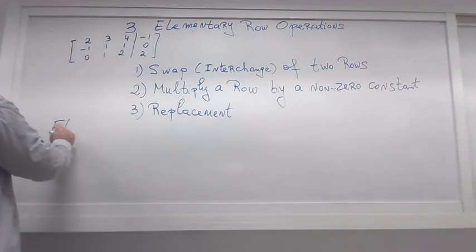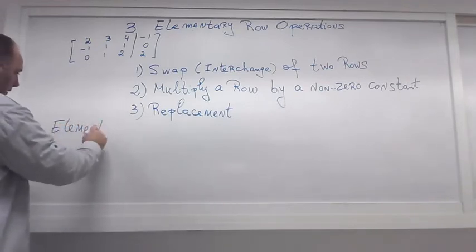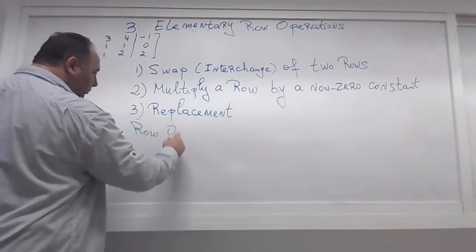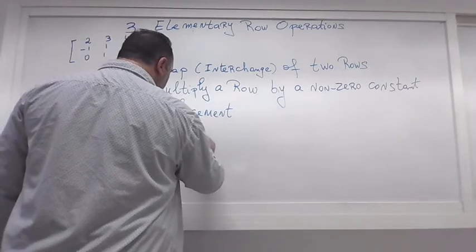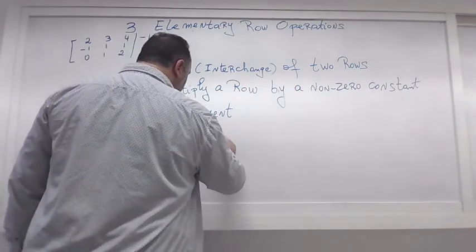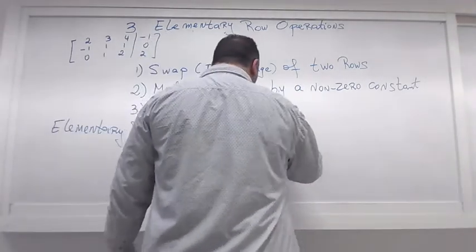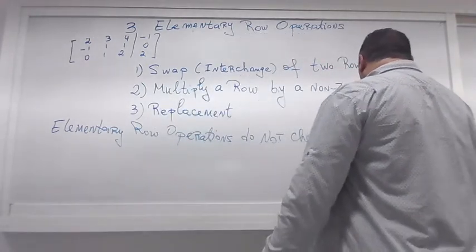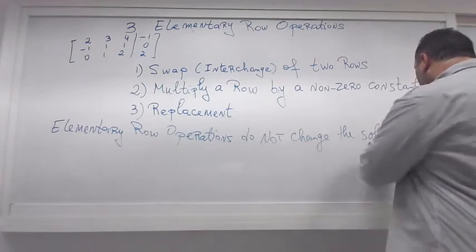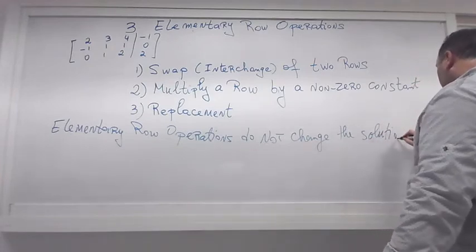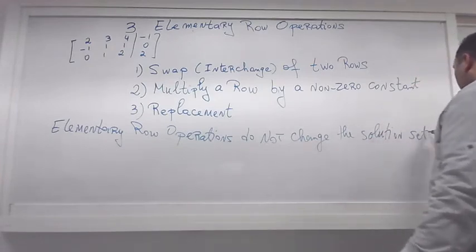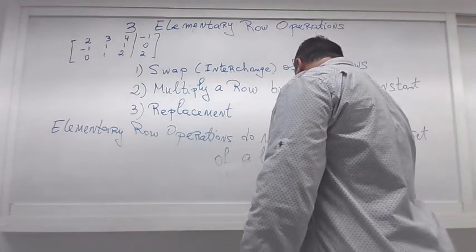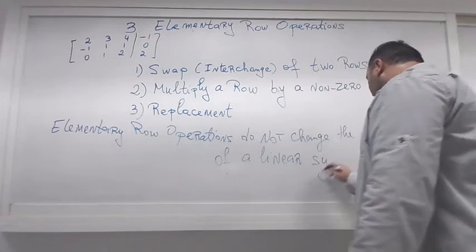So elementary row operations do not change the solution set of a linear system. That's the beauty of it.